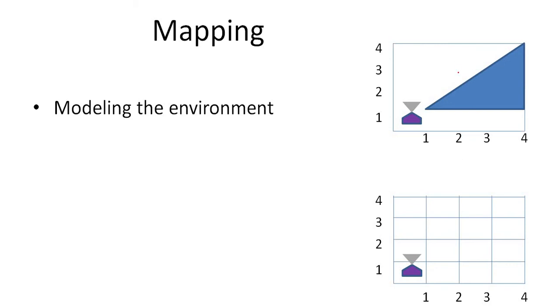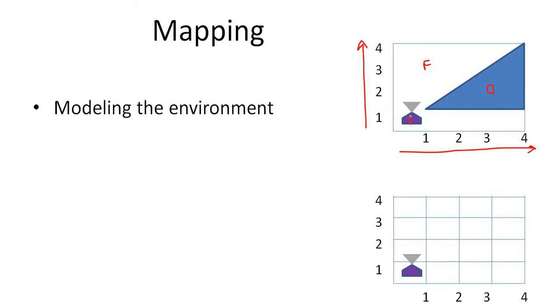Let's say in this figure, this is a 2D top view of a room, and in this room we have an obstacle. This blue triangular shape is an obstacle, and then we have free space here, this white space, and this room has a length and width of 4 meters. So in this direction we have 4 meters, and also in the y-axis we have 4 meters.